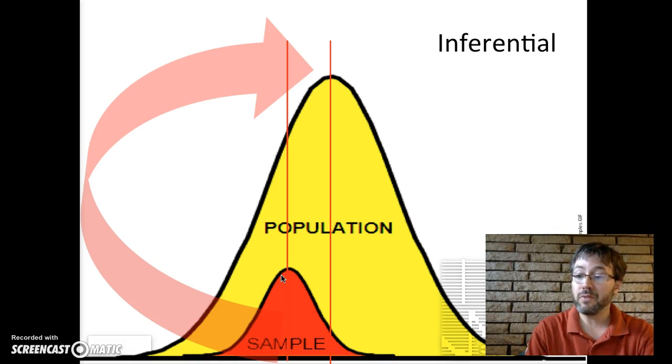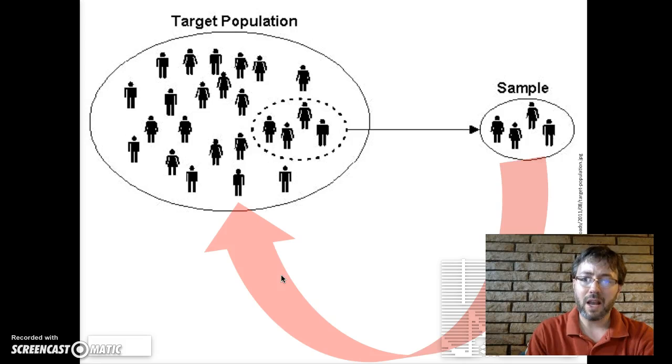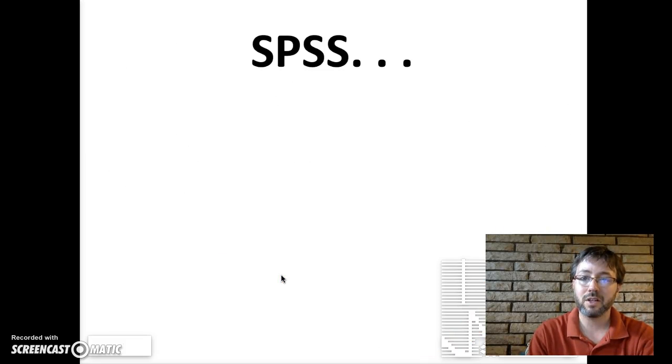And we derive those inferences using statistics. So we'll talk about specific tools and specific statistics as we move forward in the course. But that's the basis of what inferential statistics is. Again, trying to understand the experience of the entire population based on what we do know and can measure about a subset of that population.